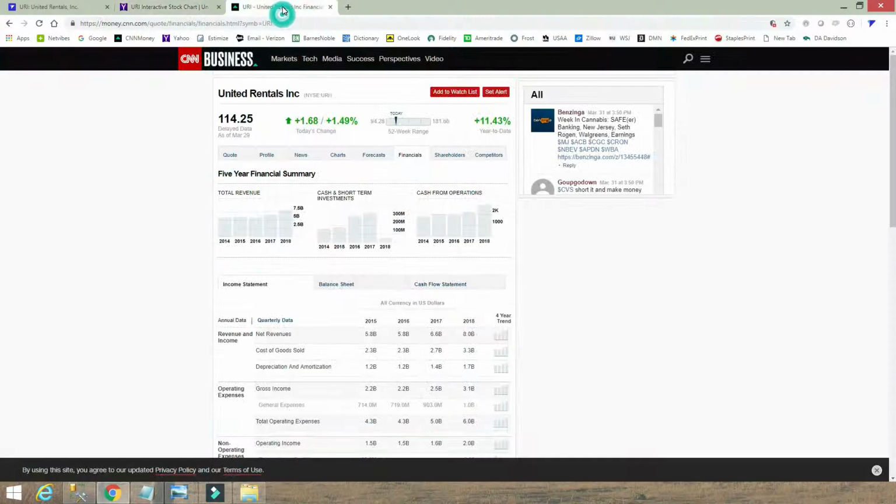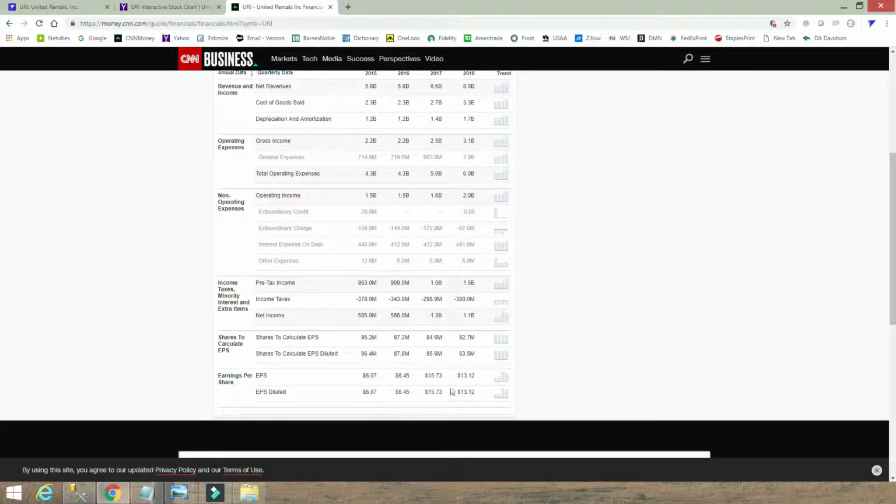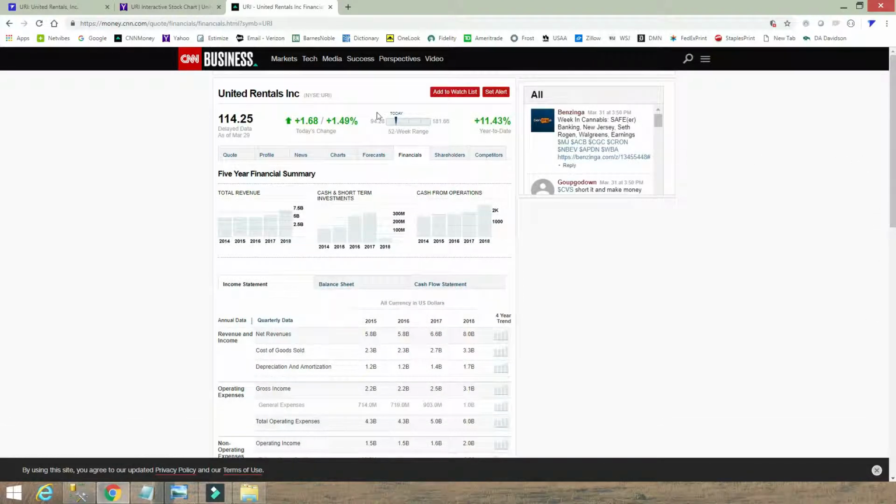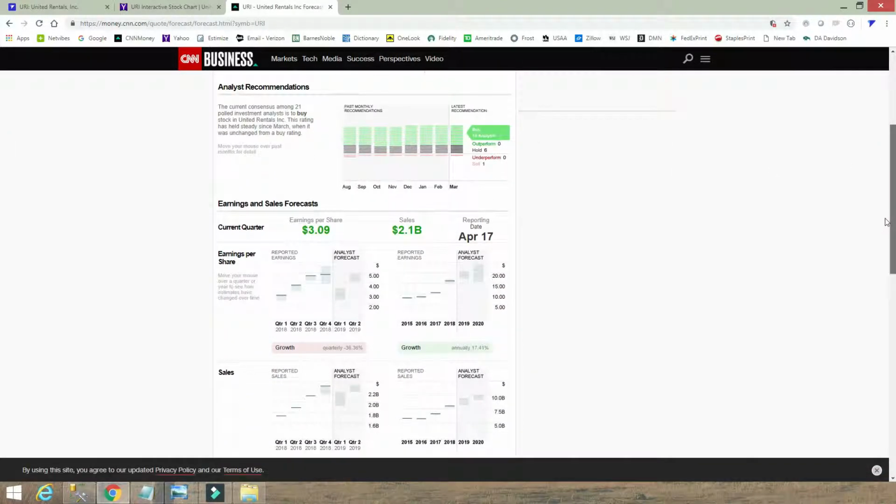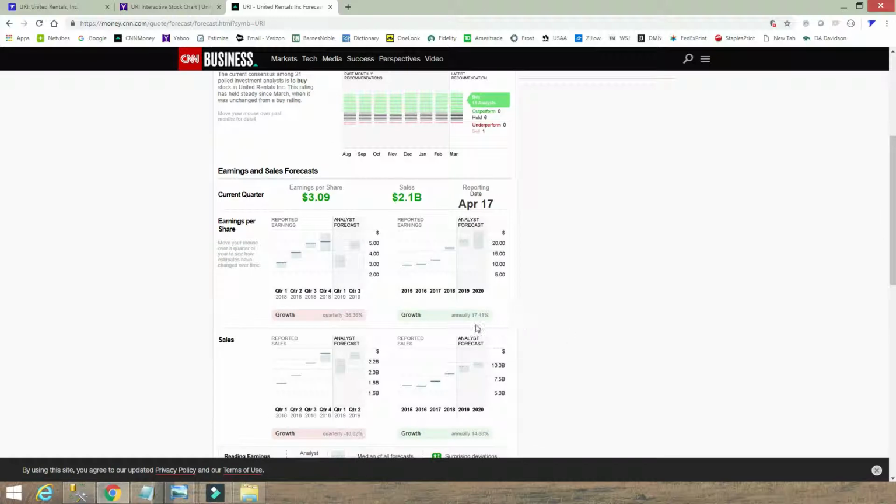Looking at recent financials, the income statement in particular, we see here that the earnings per share year over year for the last several years has been showing a pretty significant increase. And when we look at the forecasted numbers from the analysts, we see good earnings growth being projected here of almost 17.5%.